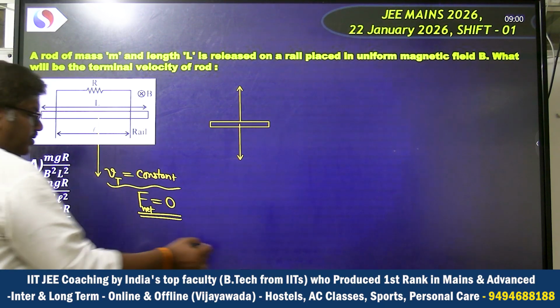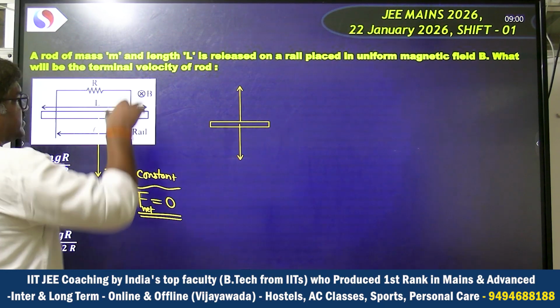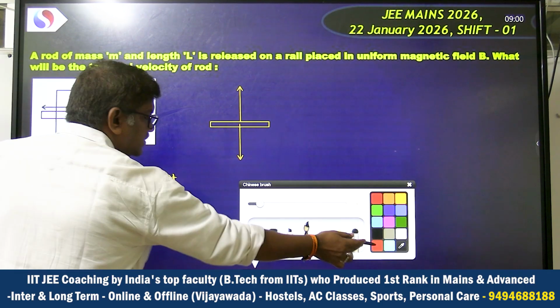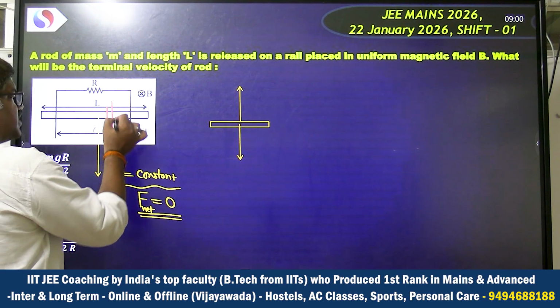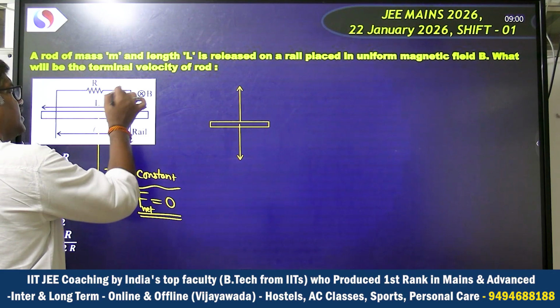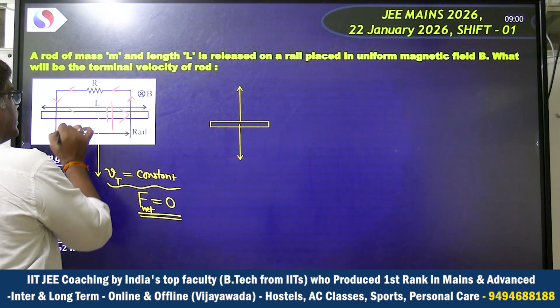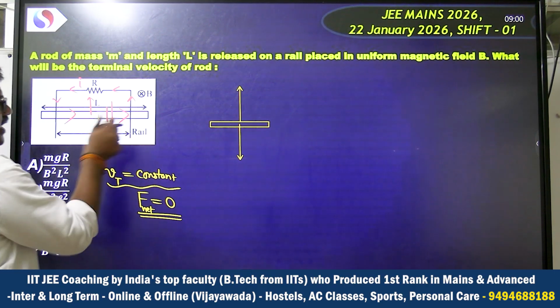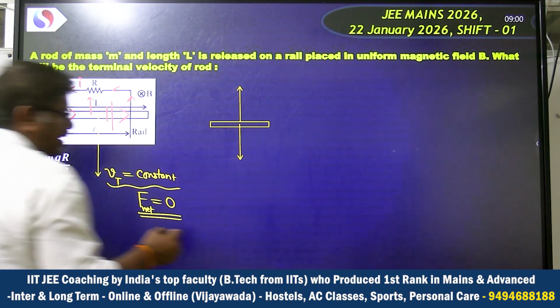Since it is moving down, v cross B gives you the EMF, in this direction, which causes the induced current in this loop, and because of this induced current there will be a magnetic force BIL acting in the upper direction.